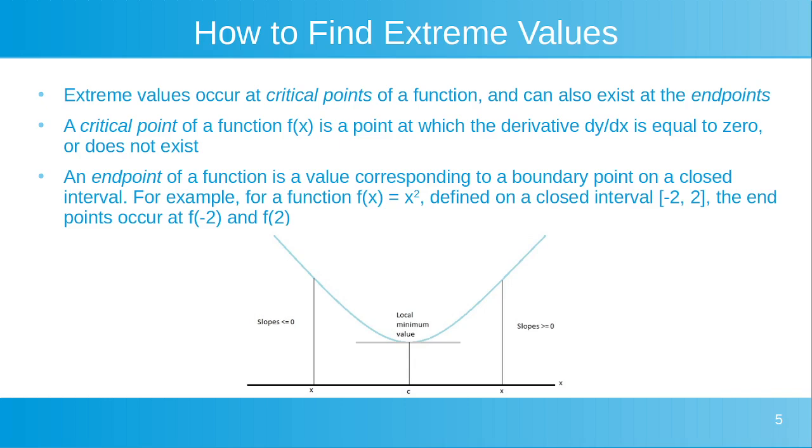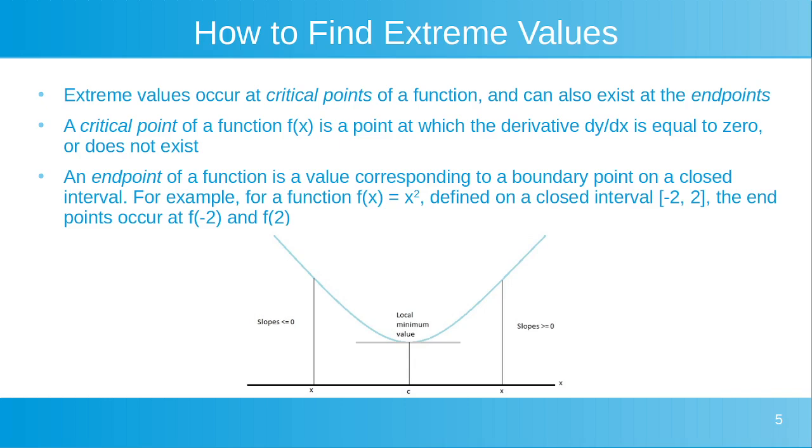So if we look at the values of the function on the left-hand side of the chart, for all of those points, it has a negative slope. The value of the function is decreasing as it goes along. And if we look at the values of the function on the right-hand side of the chart, it has a positive slope all along those points because the function is climbing as x increases.